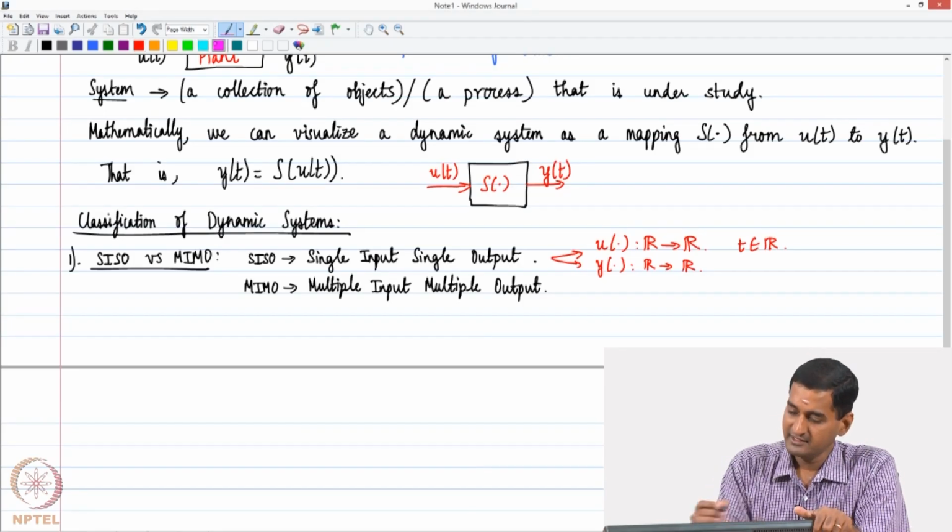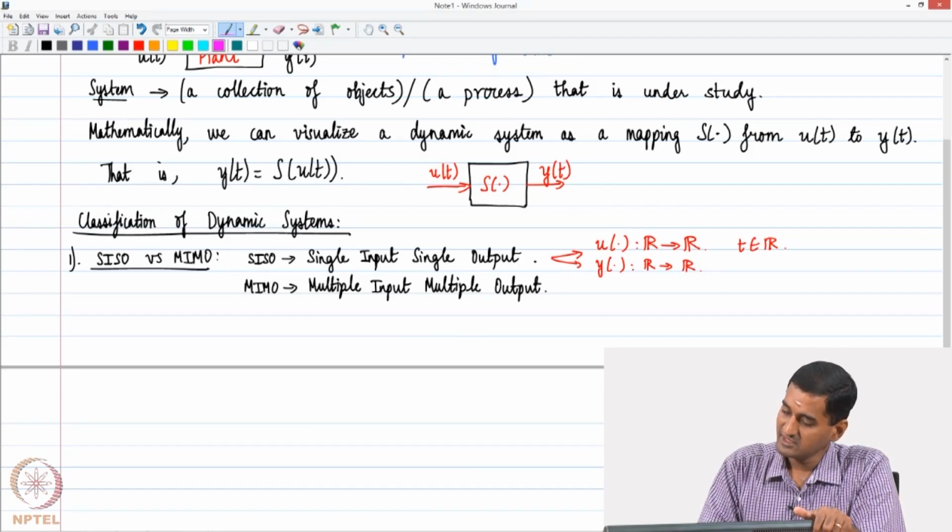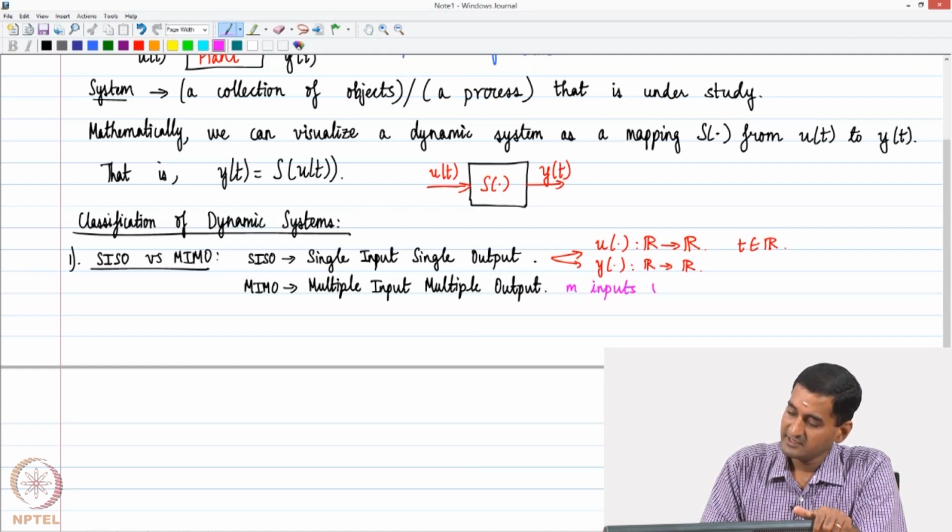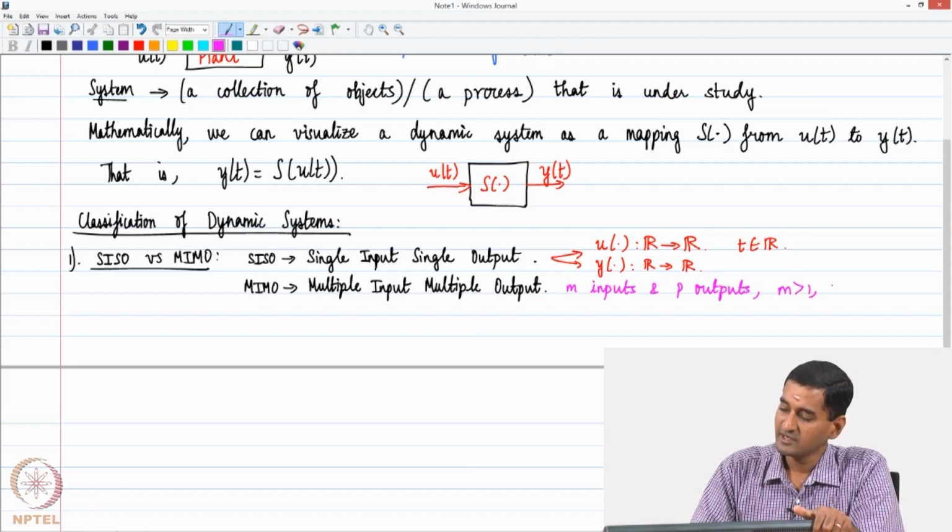On the other hand, let us say we have m inputs and p outputs, okay, with m being greater than 1 and also p being greater than 1.